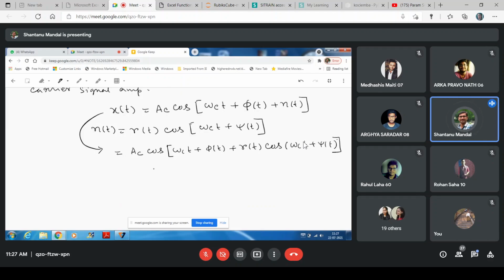Now if we write this in terms of polar coordinates, then this is equal to ET into cos of 2 pi FCT plus phi t plus beta t.